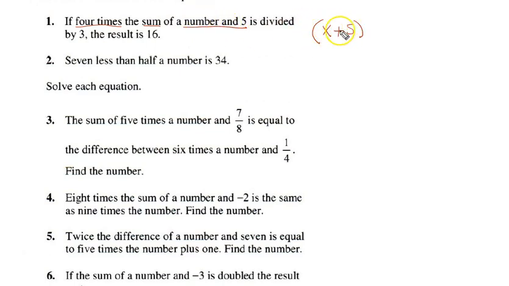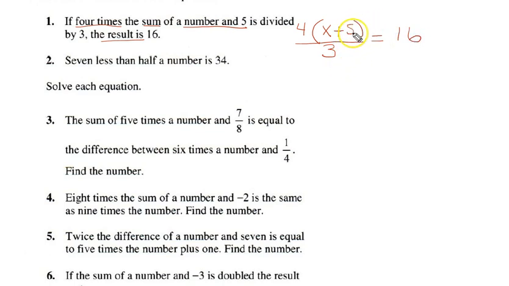We have to add these together and get the sum. Now, 4 times this, we'd put that 4 out in front. 4 times the sum of a number and 5 is divided by, now we have to bring our division bar, by 3. And the result would be equals 16.